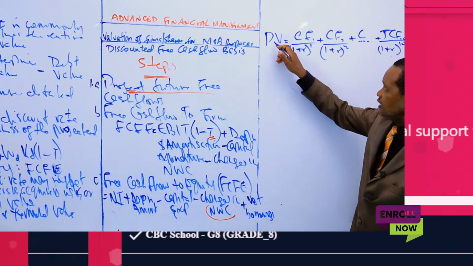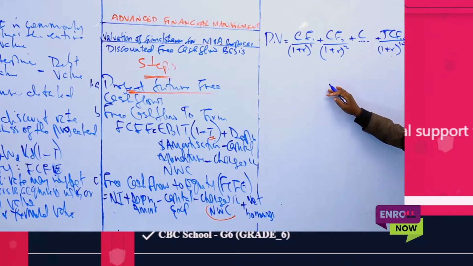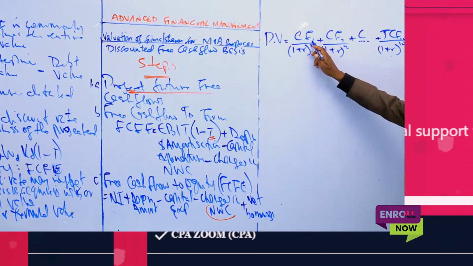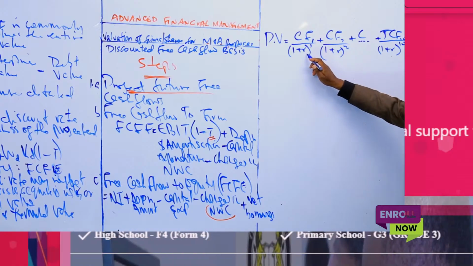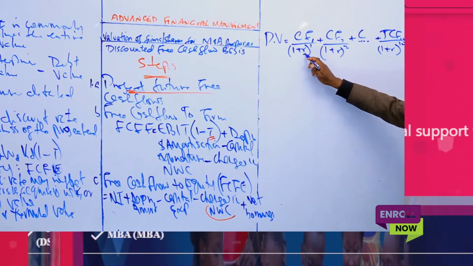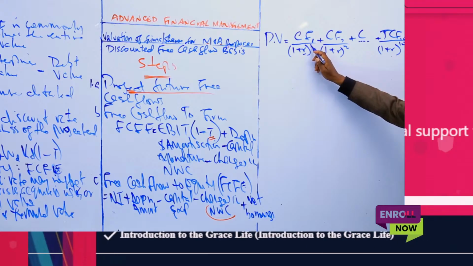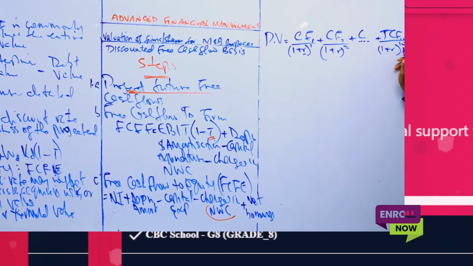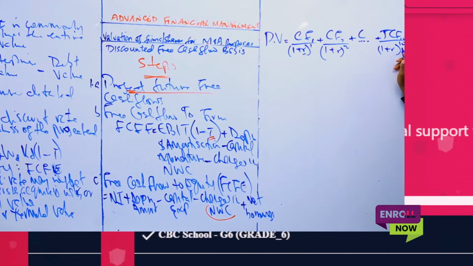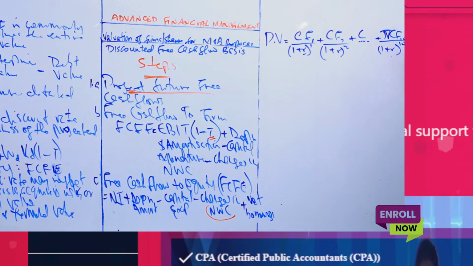So where PV is the present value, CF1 is the free cash flow in year 1, R is the discounting rate, and these ones here are periods, 1, 2, 3, 10, the number of years in the forecast period. Terminal value, that is the terminal value cash flows.